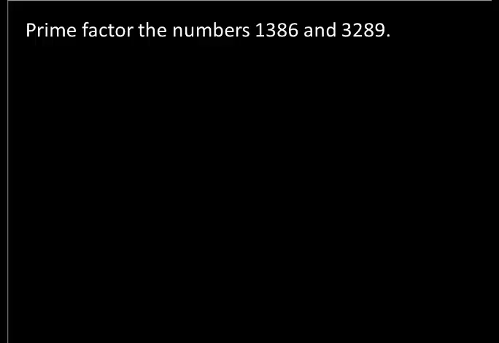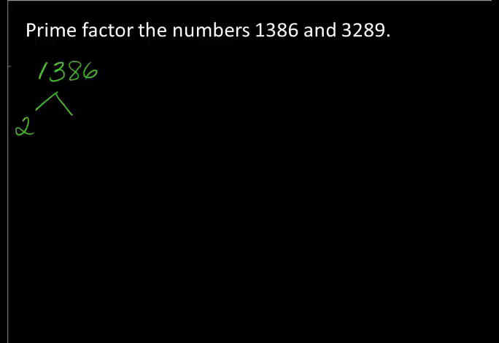Some of you probably can fast forward through this slide if you remember how to find the prime factorizations of numbers. But for those of you that need review, we'll prime factor these two numbers. So first we take the number 1,386, and we'll just make a little factor tree, probably the way you did in high school.